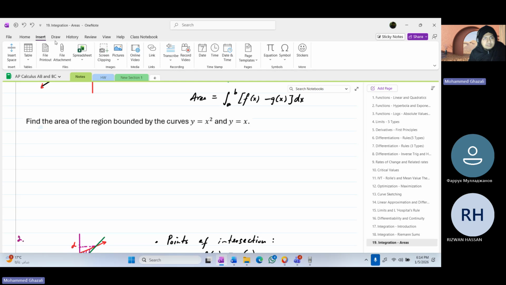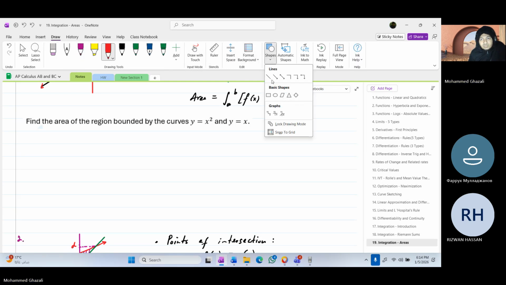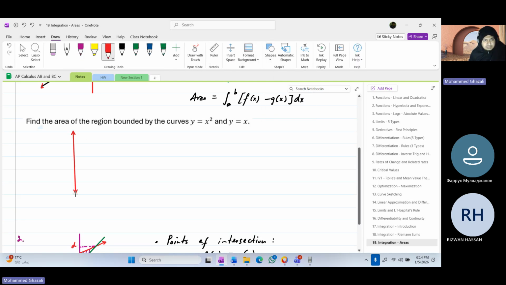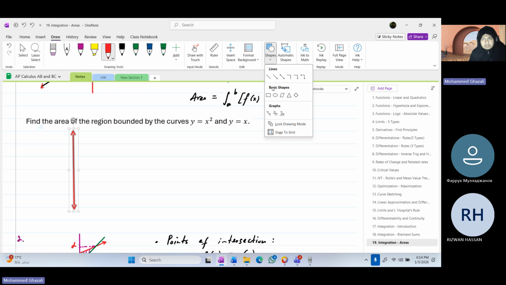So it's easy to sketch this graph. Remember, we always need a sketch and then try to solve.